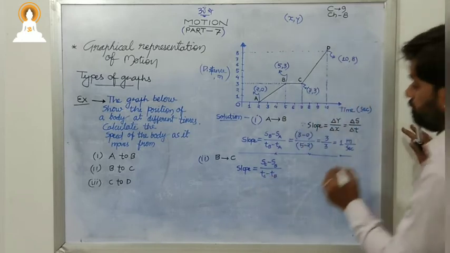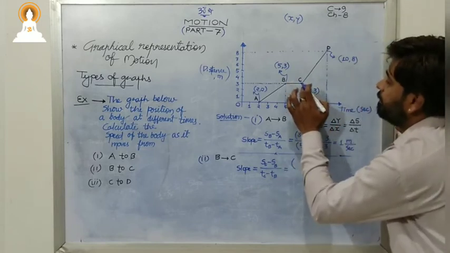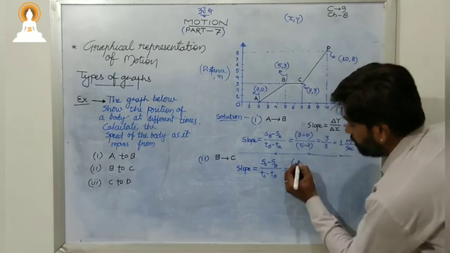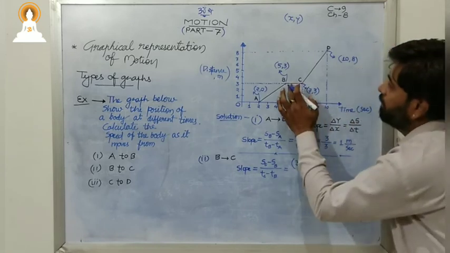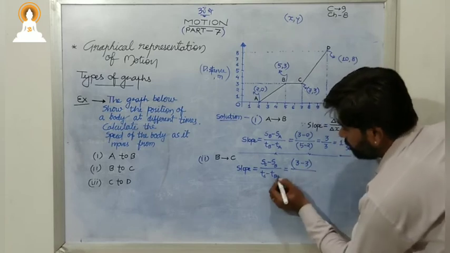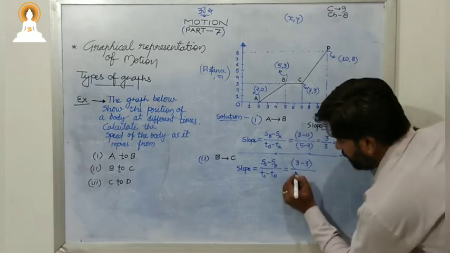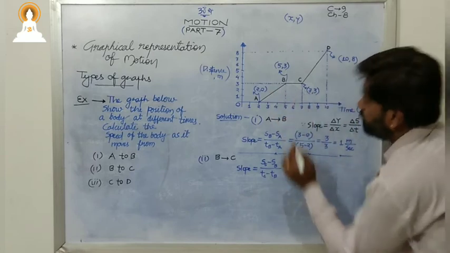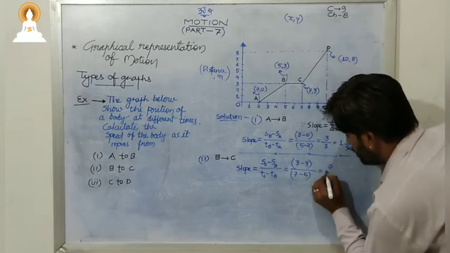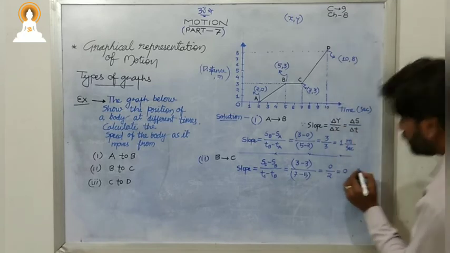SC means the y coordinate of C, which is 3, and the y coordinate of B is again 3. The x coordinate of C is 7, and the x coordinate of B is 5. So we have 3 minus 3, 0, upon 2, so that will be 0.